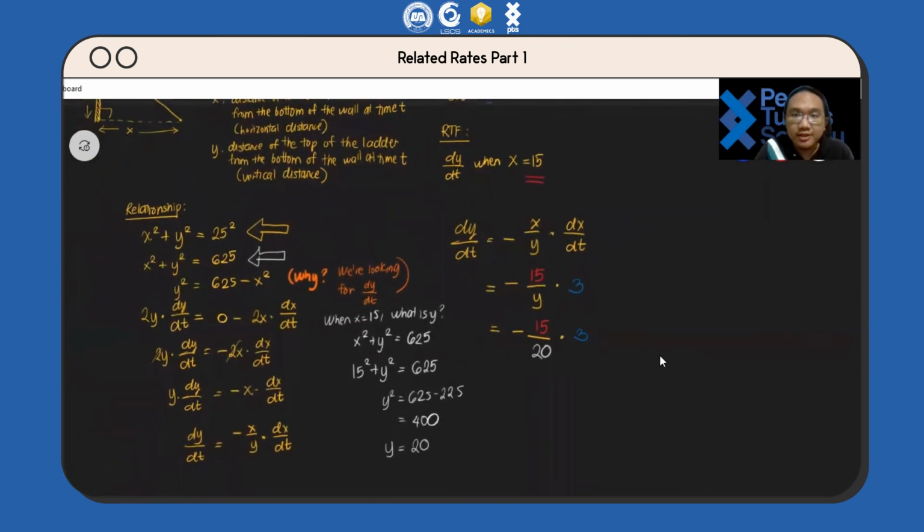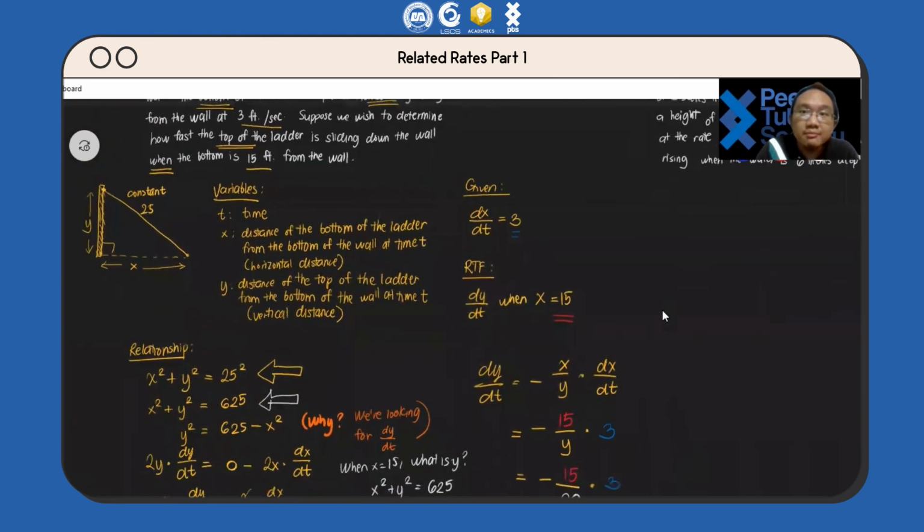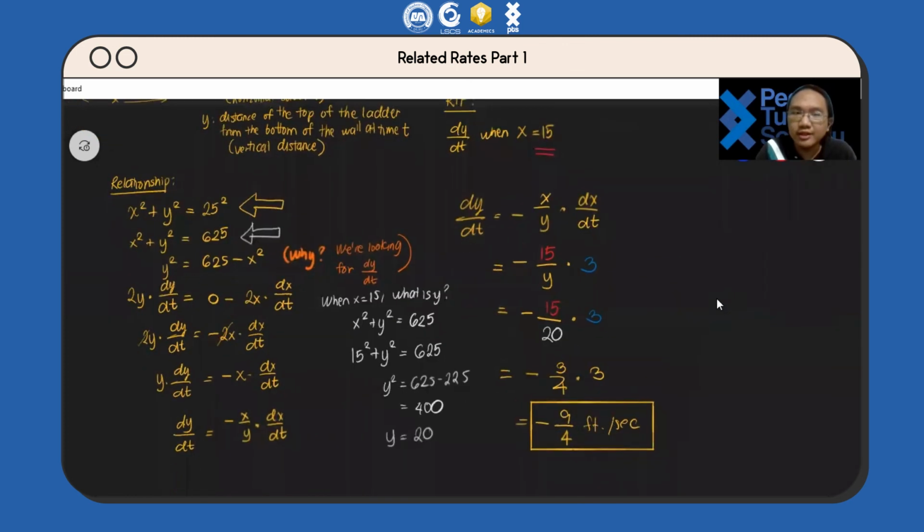Okay, let's just go to see the bigger picture. Okay, makes sense. Negative, let's simplify this fraction. 3/4 multiplied by 3. Alright, that's negative 9/4. And that's our dy/dt. So we're talking about feet per second in this problem. Feet per second.